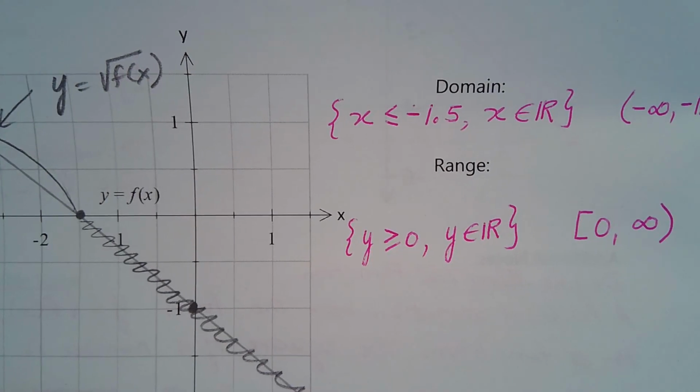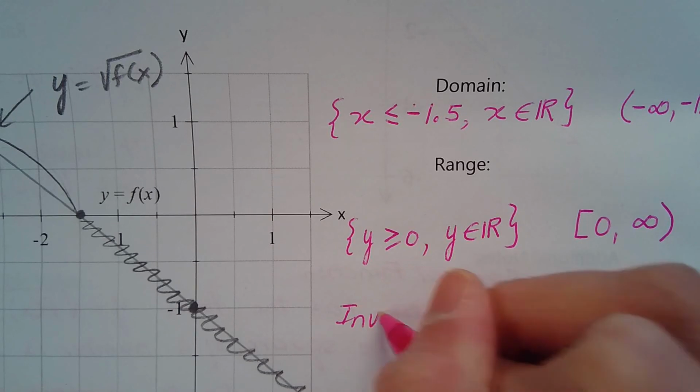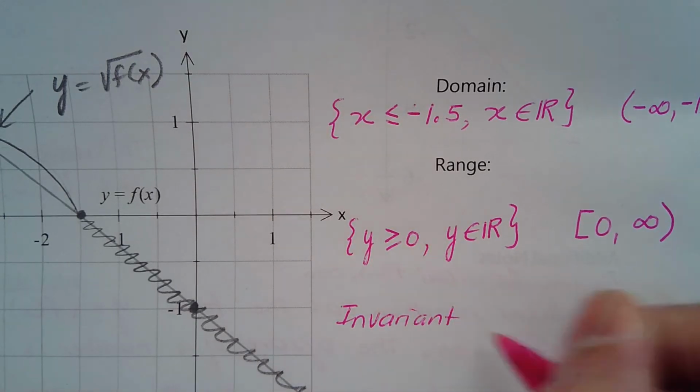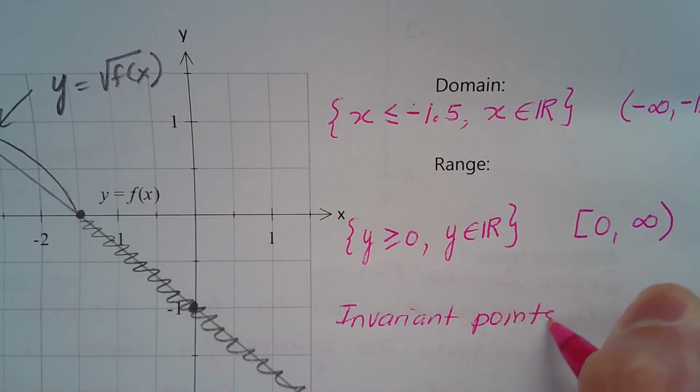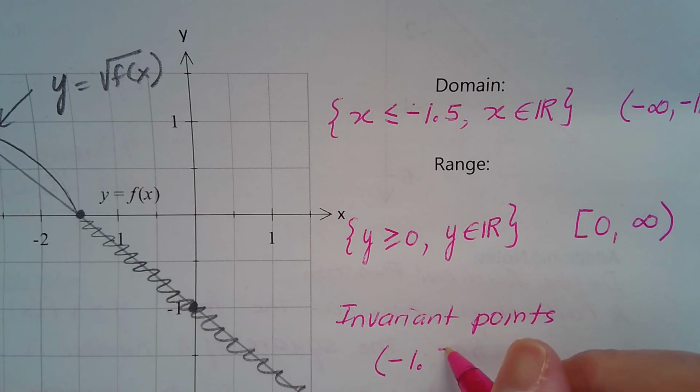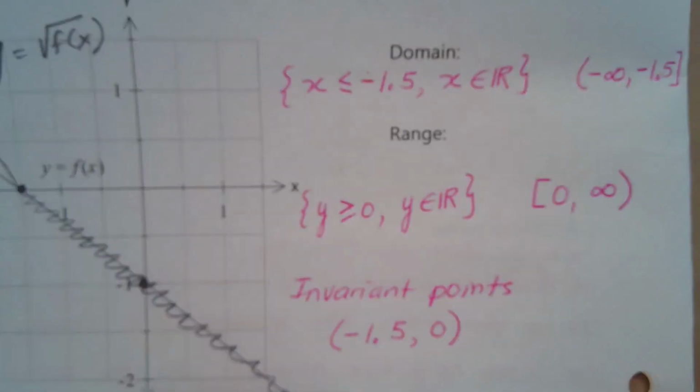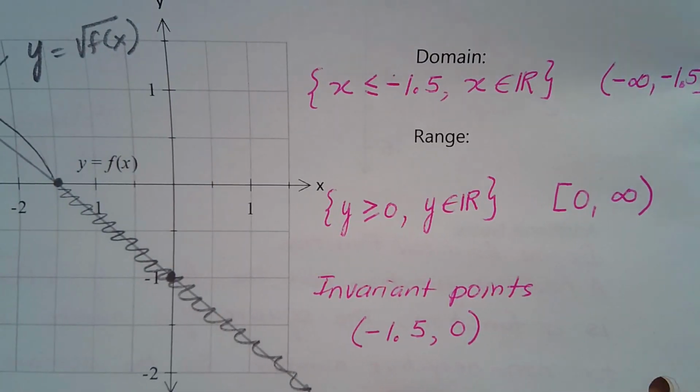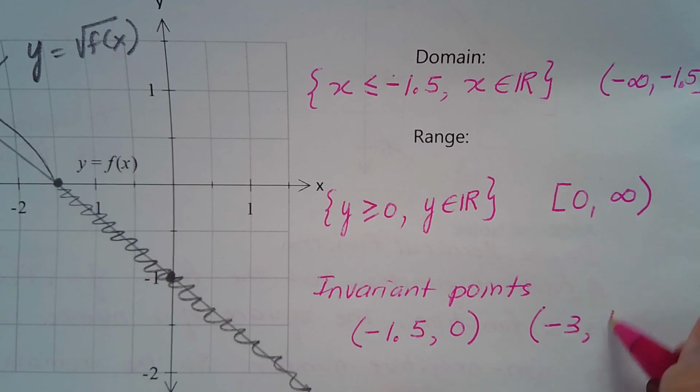What are the invariant points in here? Let's just write that down. Invariant points. Yep, negative 1.5 comma 0, right? And then the other one is negative 3 comma 1.